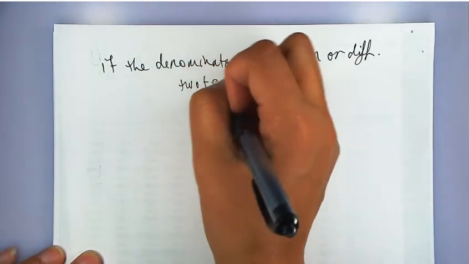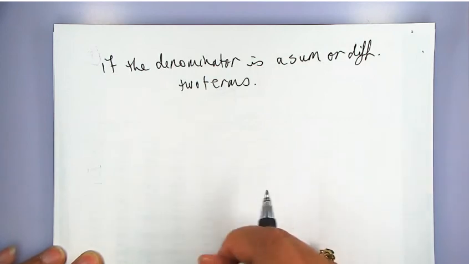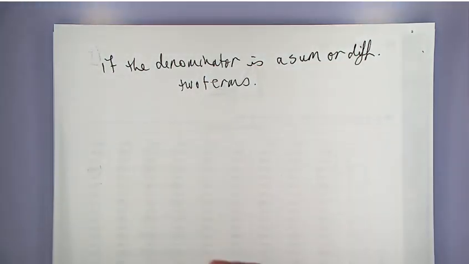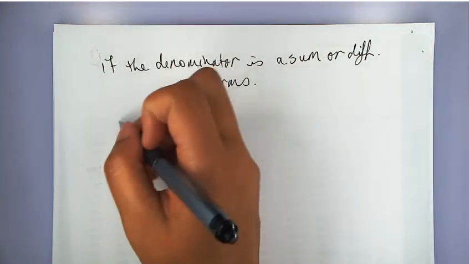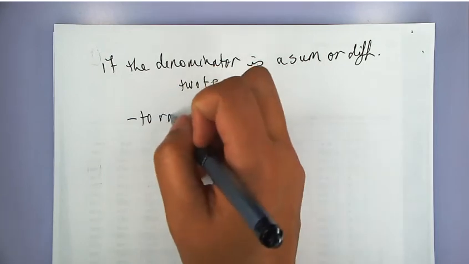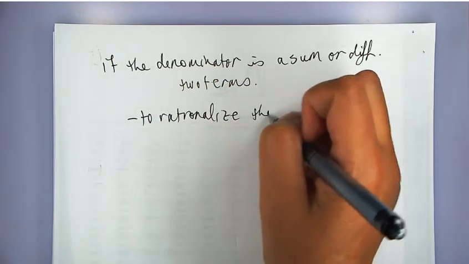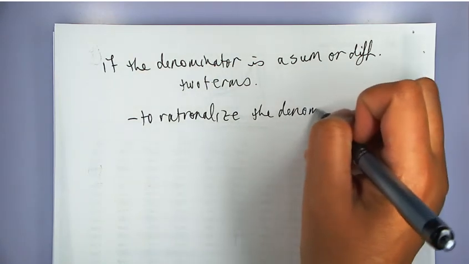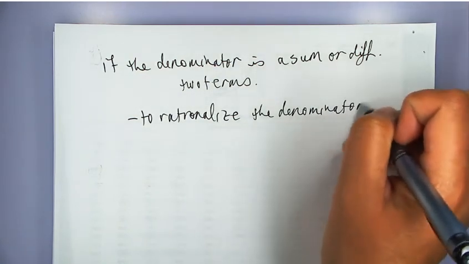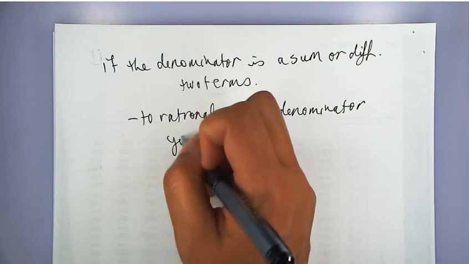Well, what is the conjugate? The conjugate of a plus b is a minus b. It's essentially the opposites, with just the variables not changed. You change the plus to minus, that is the conjugate.